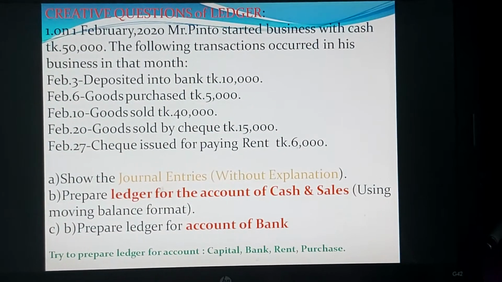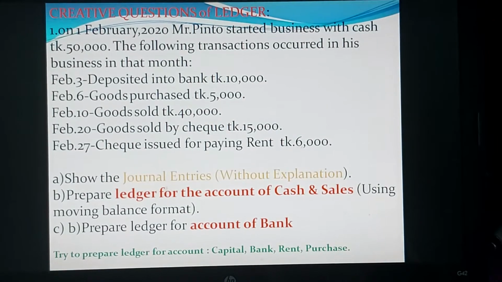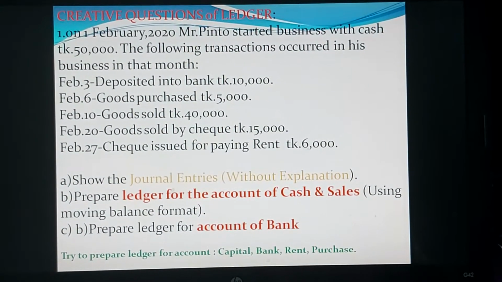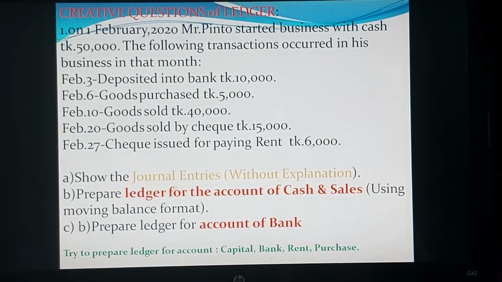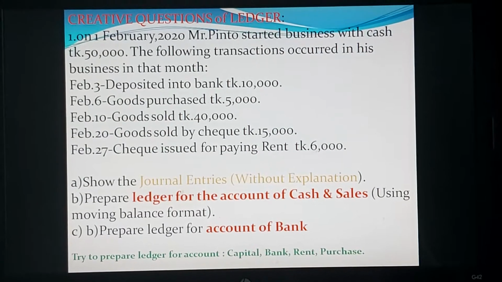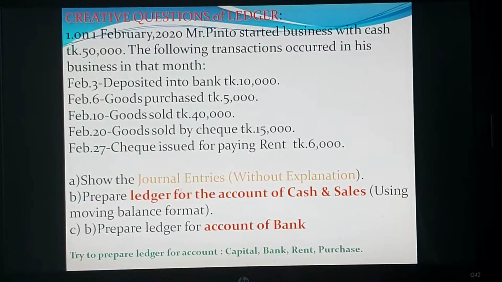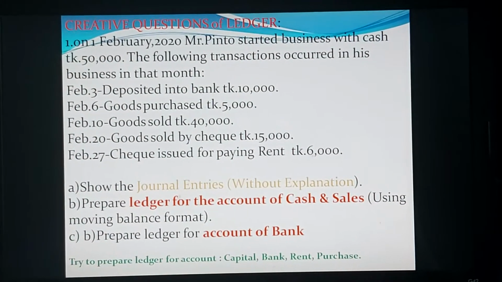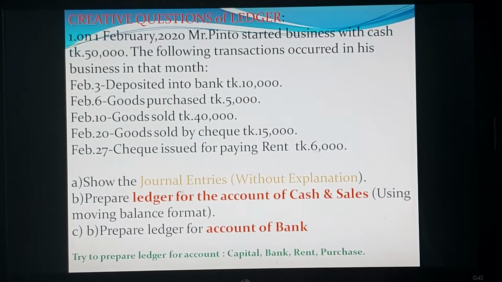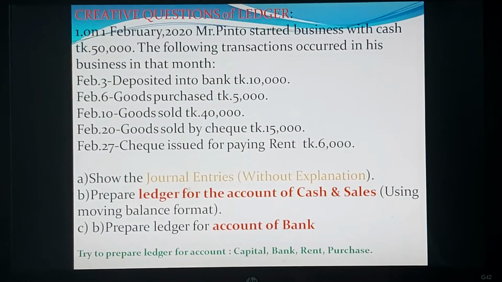February 27, check issued for paying rent taka 6,000. That is rent paid by check. Rent, one kind of expense. So it is paid by check, that is bank balance decrease. In this transaction, two accounts are involved. Rent expense, another one bank account.